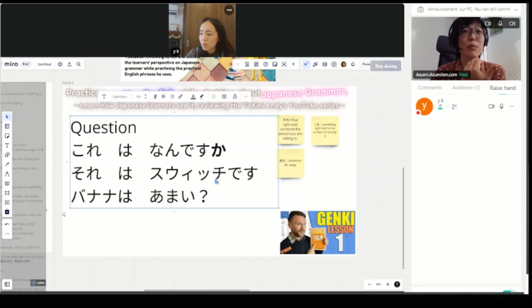But if we have to present a question without desu or masu, then all of a sudden we are forced to use a question mark. In formal speech we use desu or masu, so ka is always attached, but in informal speech we don't use desu or masu, so only the question mark is needed. So please use rising intonation.